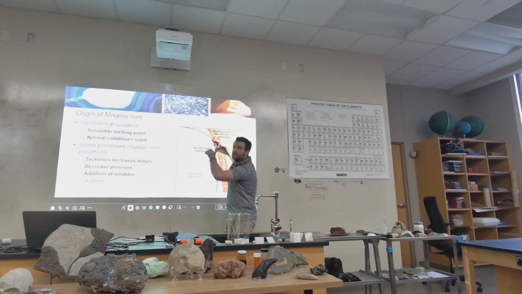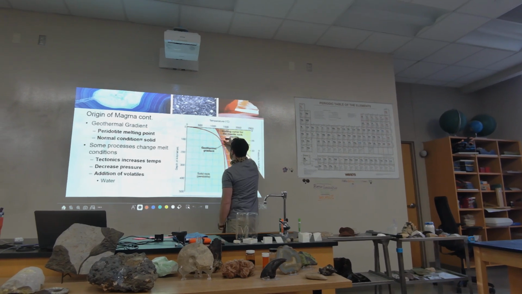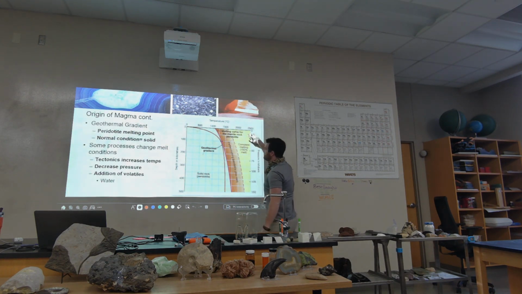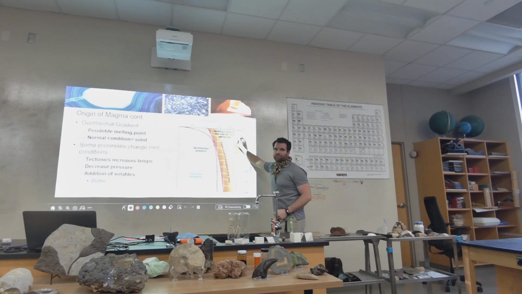That way. Temperature is increasing that way. So I'm taking this line at, let's say, 100 kilometers of depth, and I increase the temperature maybe 75, 100 degrees Celsius, and all of a sudden, whoop, I'm over here. I have passed the partial melting point. Therefore, I can have melted rock. So increasing temperature, that's the first way.